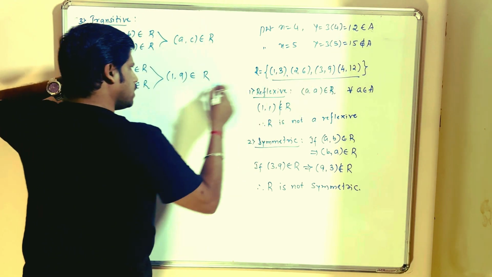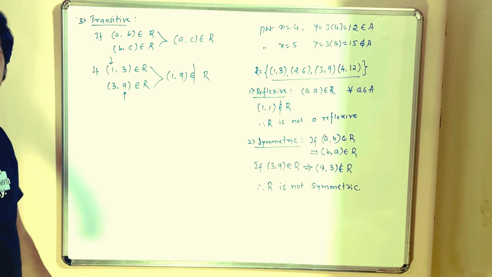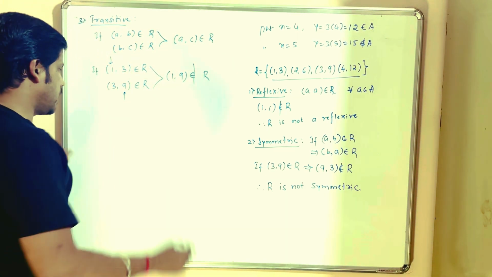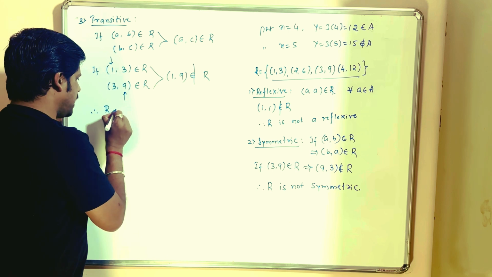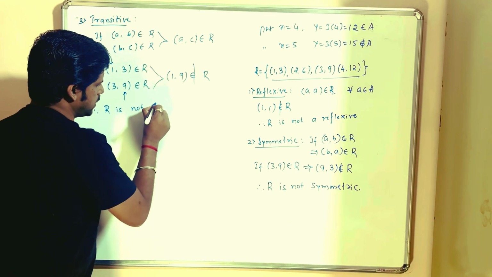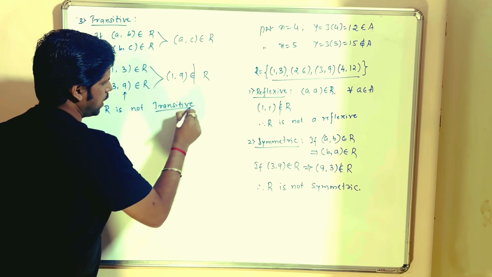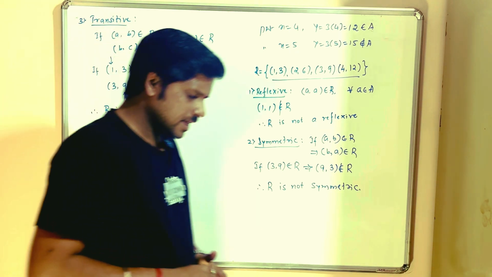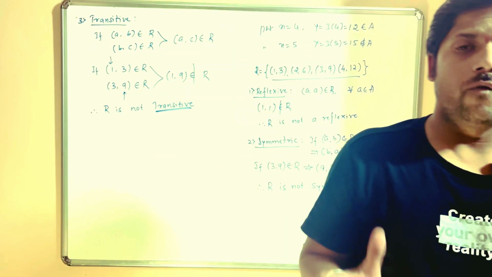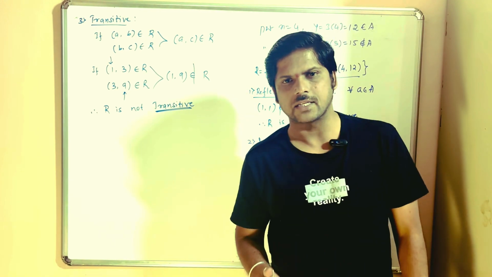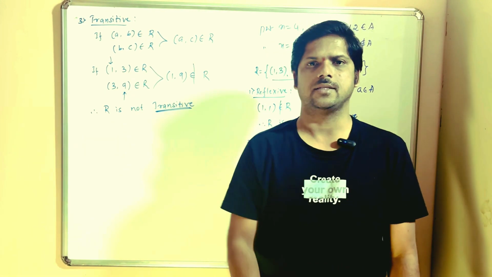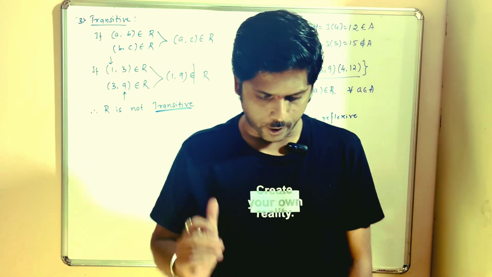No, so it does not belong to R. So again here the condition failed. So therefore R is not transitive. Like this, here we check whether the given relation R is reflexive, symmetric or transitive. Okay, note it down.